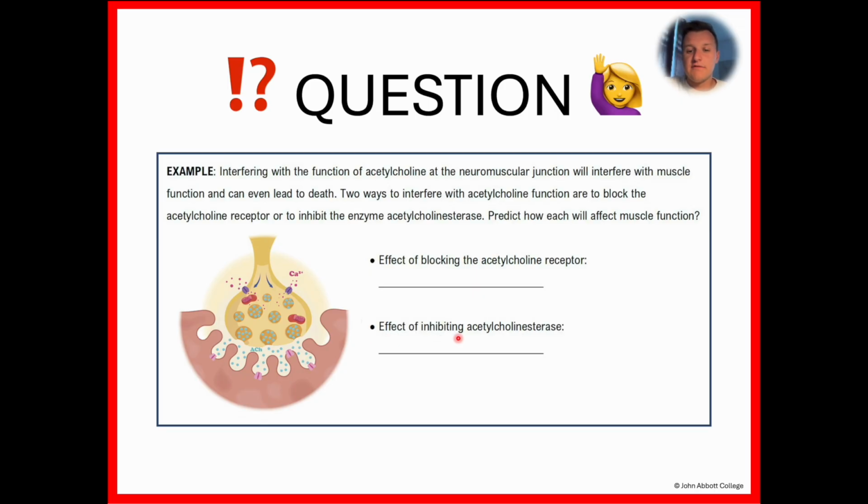What about the effect of inhibiting acetylcholinesterase? Acetylcholinesterase, you don't see it here, but it breaks down this acetylcholine when it's in the cleft, and it is responsible for stopping the signal, right? So if we block acetylcholinesterase, the scissors that break down acetylcholine, then there will always be acetylcholine in the synapse, meaning it will always be there, always be binding onto these channels, and therefore always signaling electrical events, right?